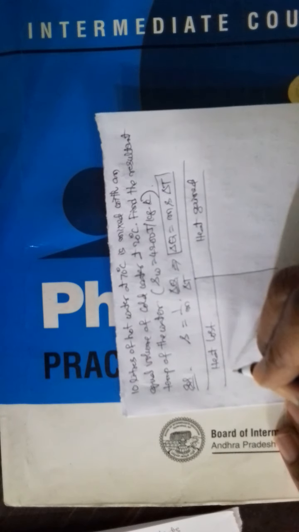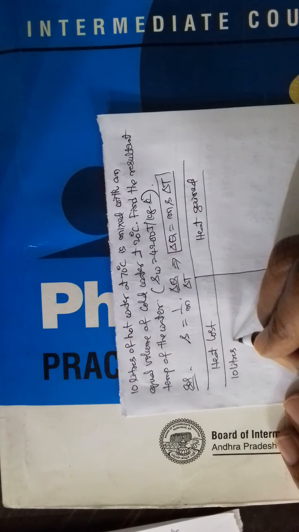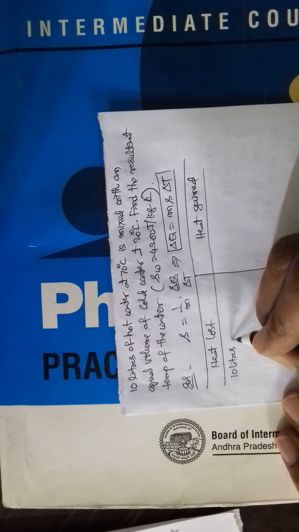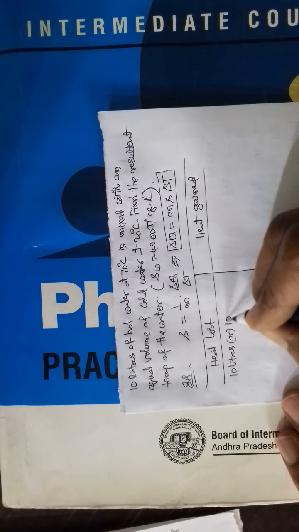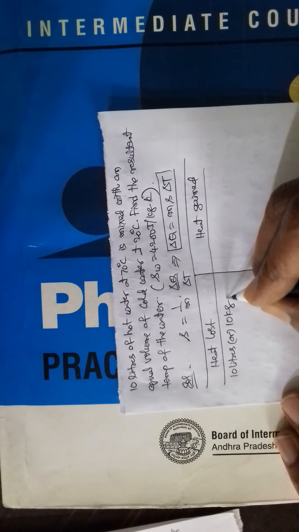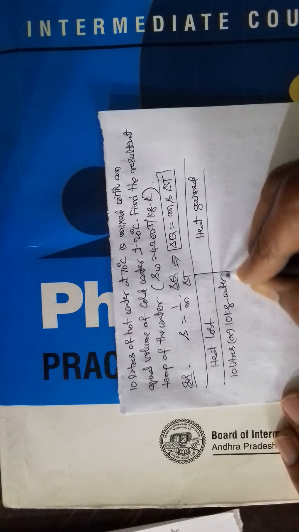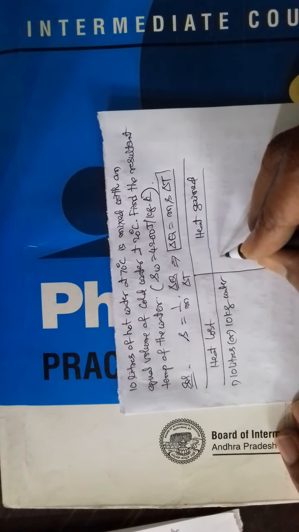Here 10 liters of hot water, 10 liters or 10 kg, because 1 liter of water is 1 kg of water. Only one item here for heat lost.